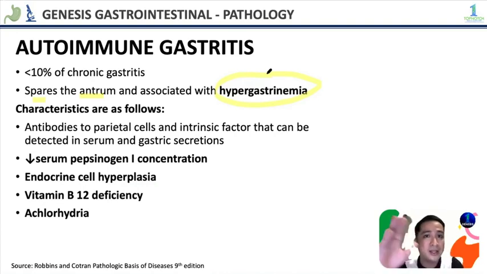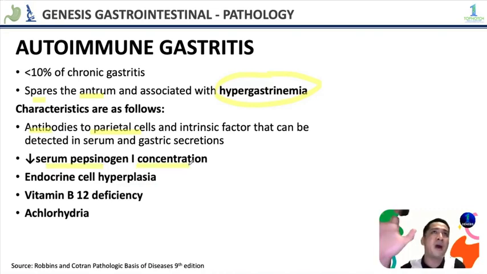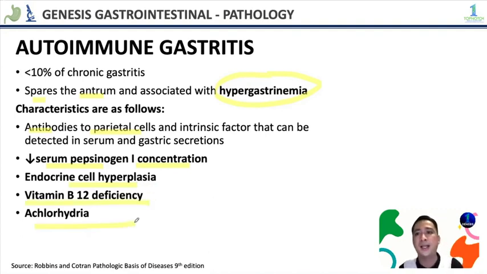Yun yung importance nila, no? Important differences. Antibodies to parietal cells. Doon sa H. pylori, antibodies to the H. pylori. Decreased serum pepsinogen 1 concentration. Mababa yung proteins. Endocrine cell hyperplasia, vitamin B12, and achlorhydria for autoimmune gastritis.